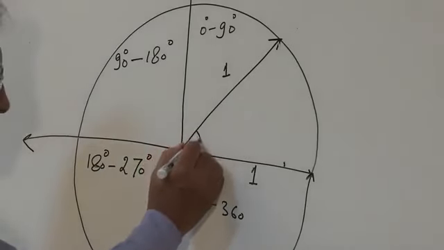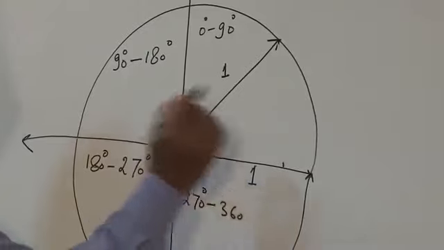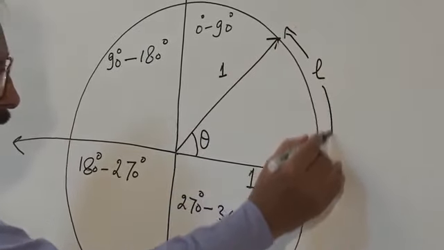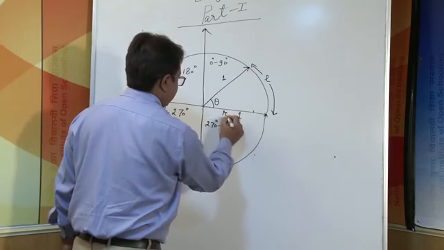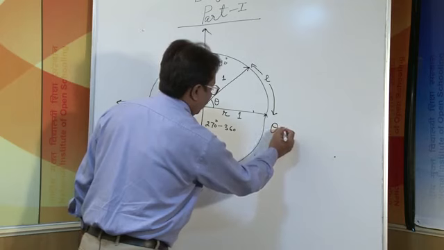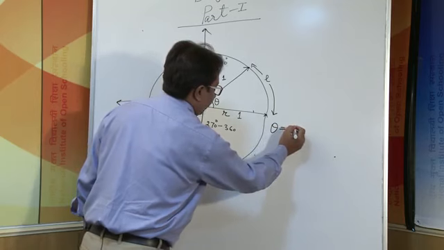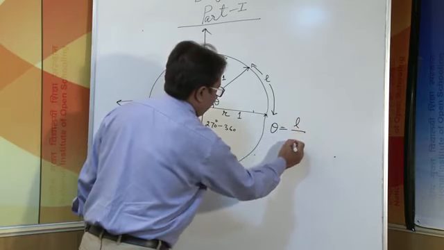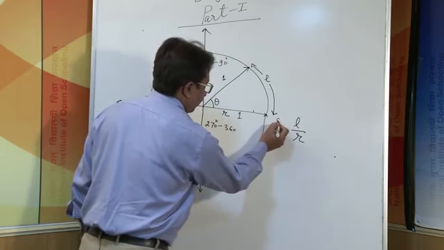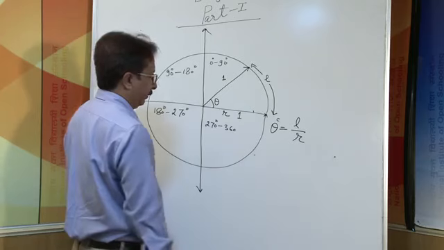When this angle is theta and this particular arc length is L, this radius is R, then we define this angle as theta equal to arc length upon radius, L upon R. When this measurement is used, we say this is theta radian.